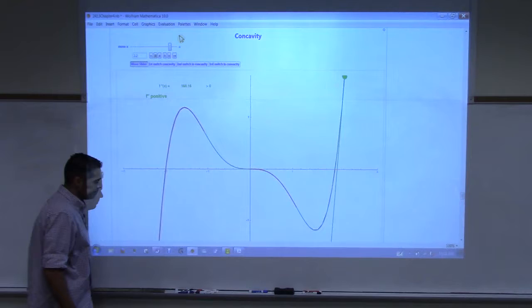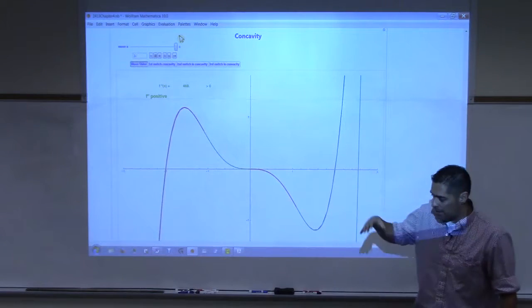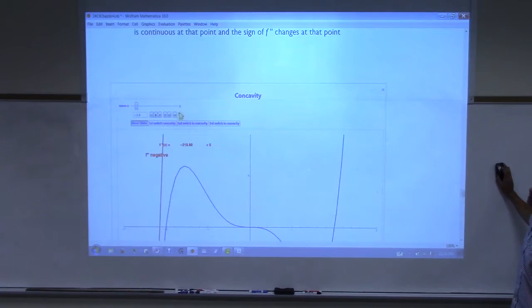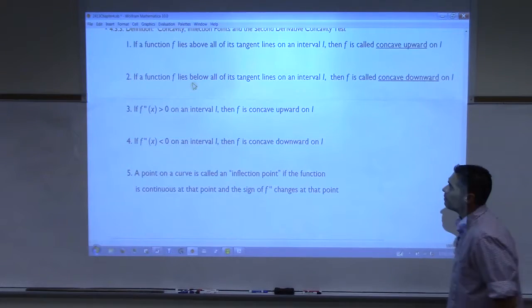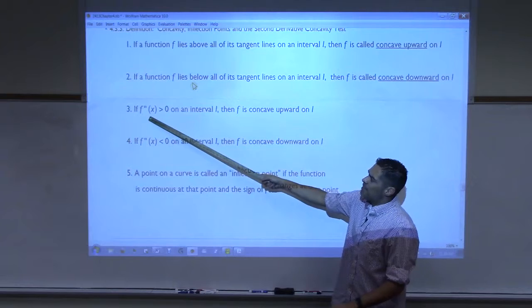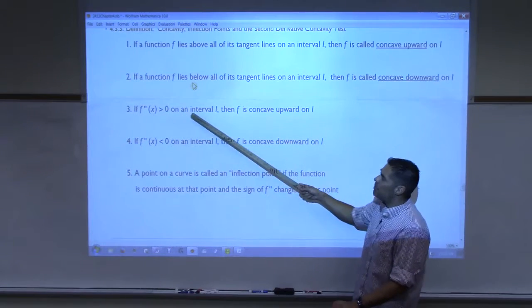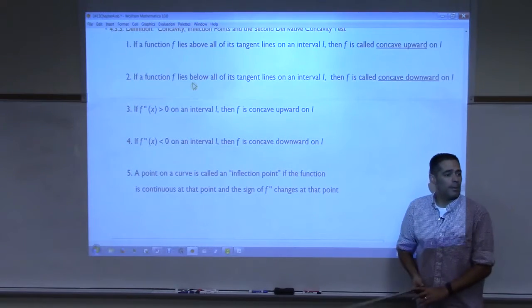Okay. Now, how do we know if a function is concave up or concave down? The second derivative tells us that, and here's what it says. If the second derivative is positive, greater than 0, on some interval, then the original function is concave up.